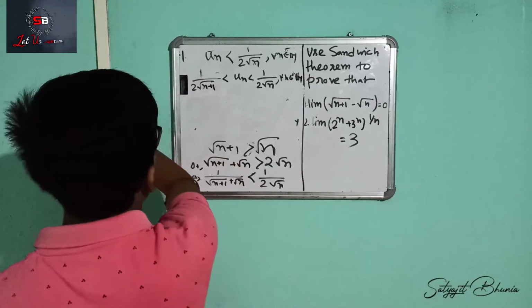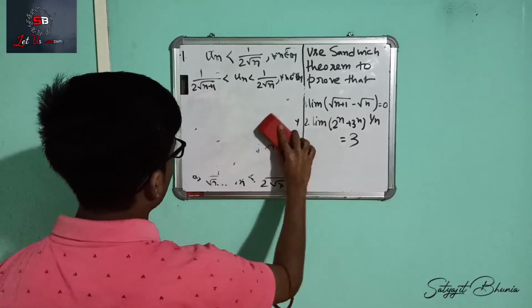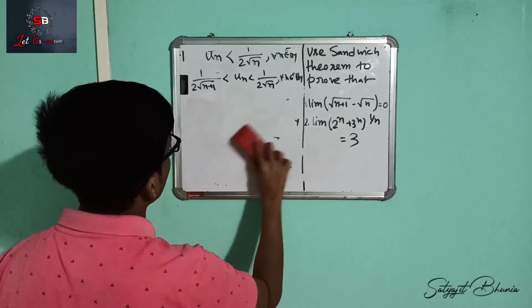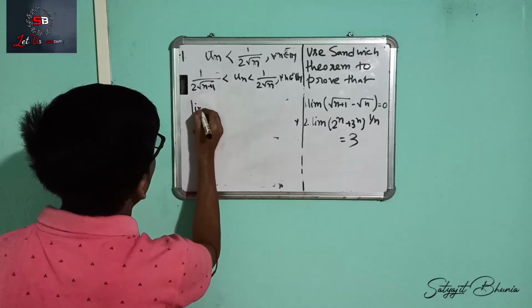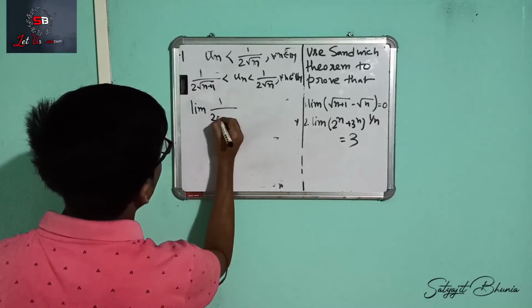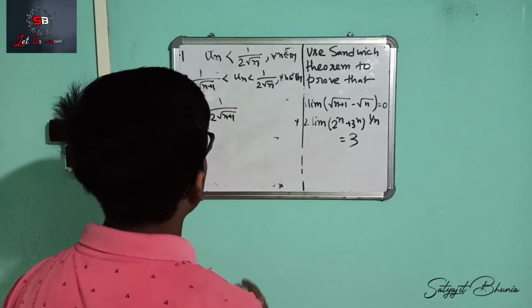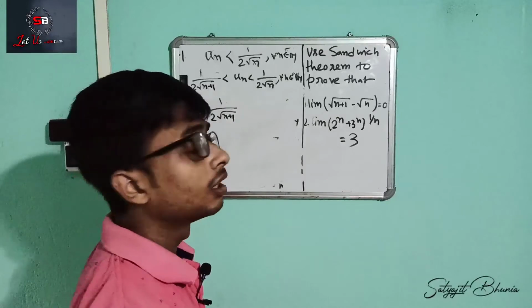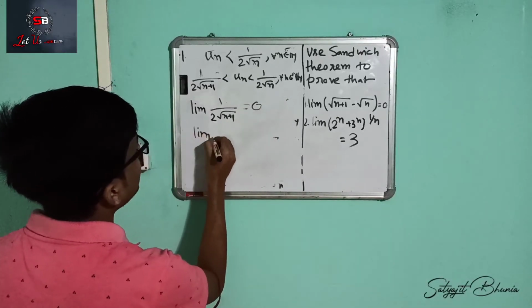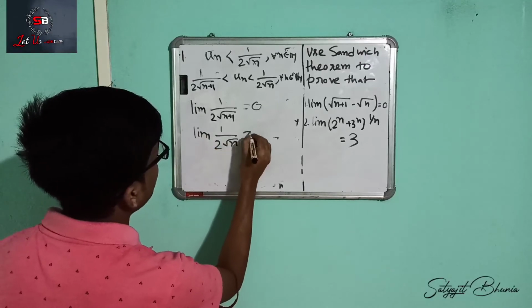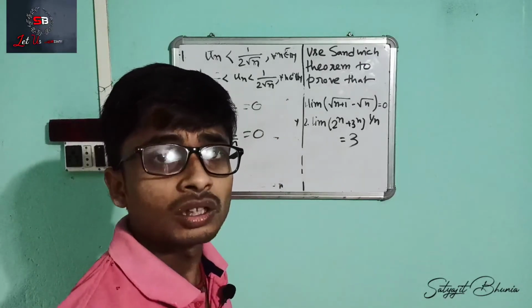Now again we have to check the limit of the left hand side and right hand side. The limit of the left hand side is 0 and the right hand side is also 0.